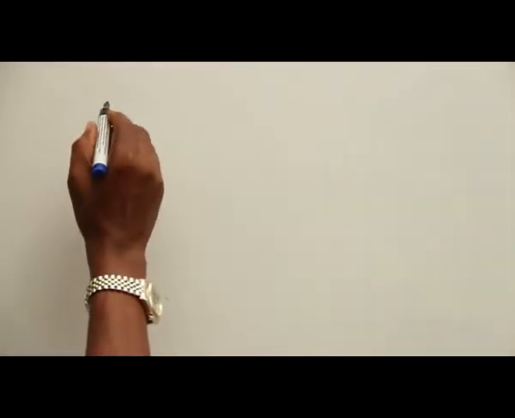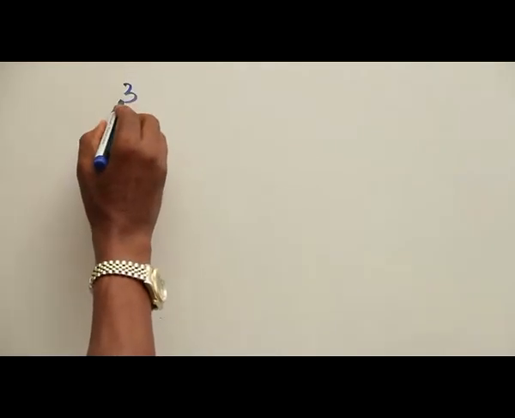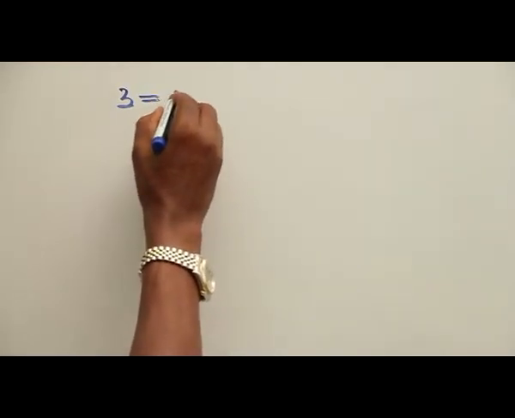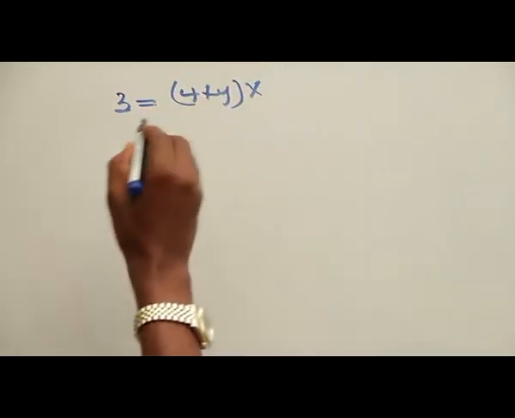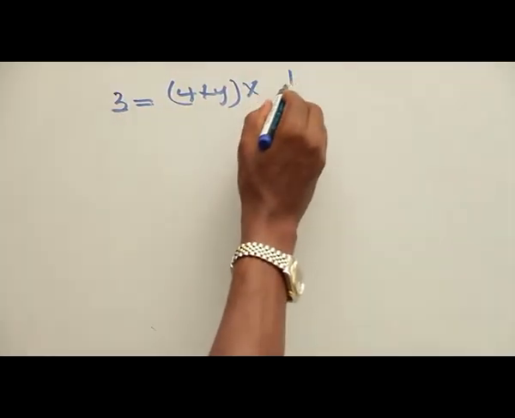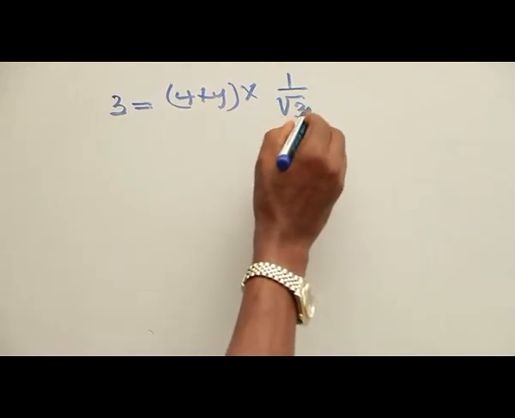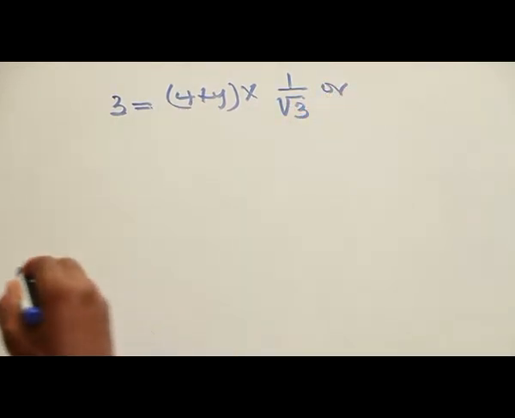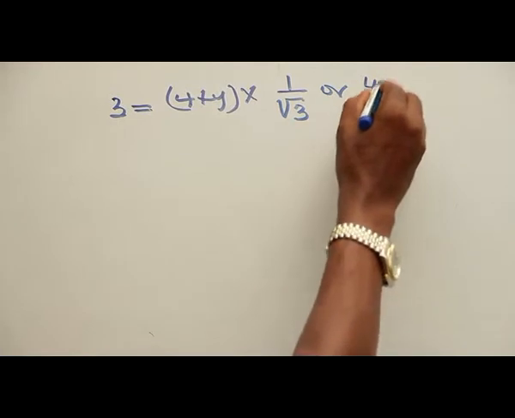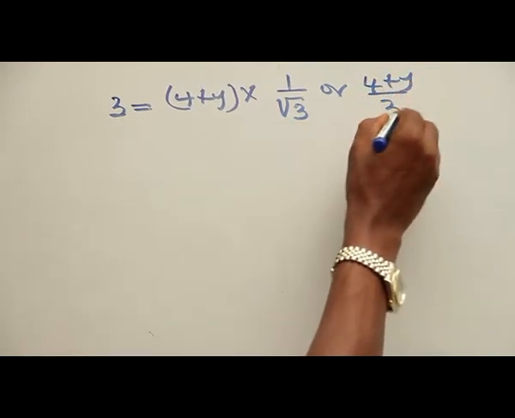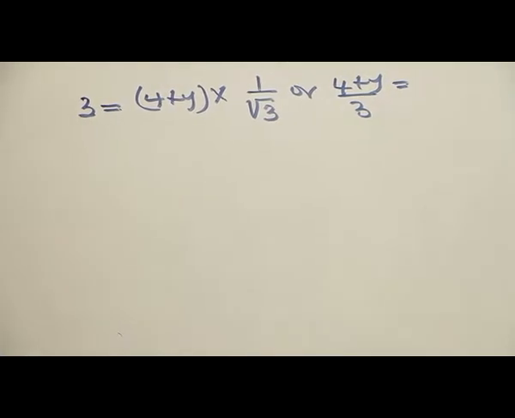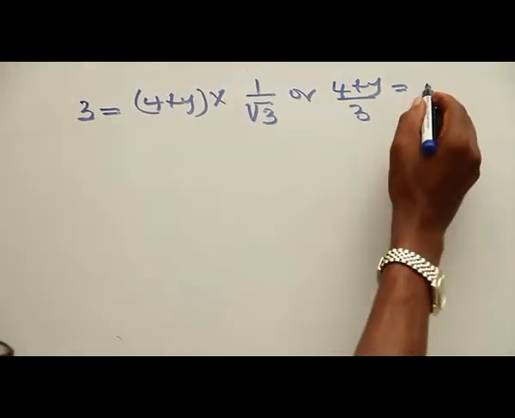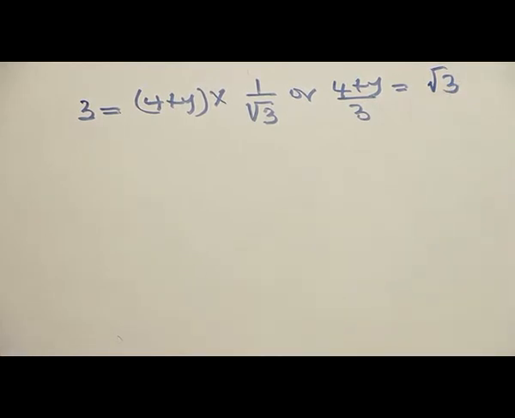So we cross multiply, we have our 3 will be equal to 4 plus y times tan 30. Tan 30 is 1 over root 3. Or if you are using the cot, it means that 4 plus y all over 3 is equal to cot 30. And what is the value of cot 30? It is equal to root 3 because it's the reciprocal.